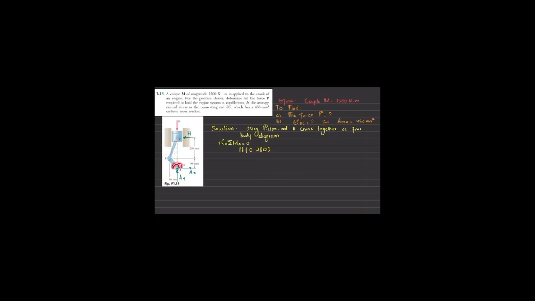Another moment that is clockwise, which is plus M minus M, will be equal to 0, and minus moment value is given as 1500. So from here this horizontal force H will be equal to 5.3571 into 10 raised to power 3 Newton.